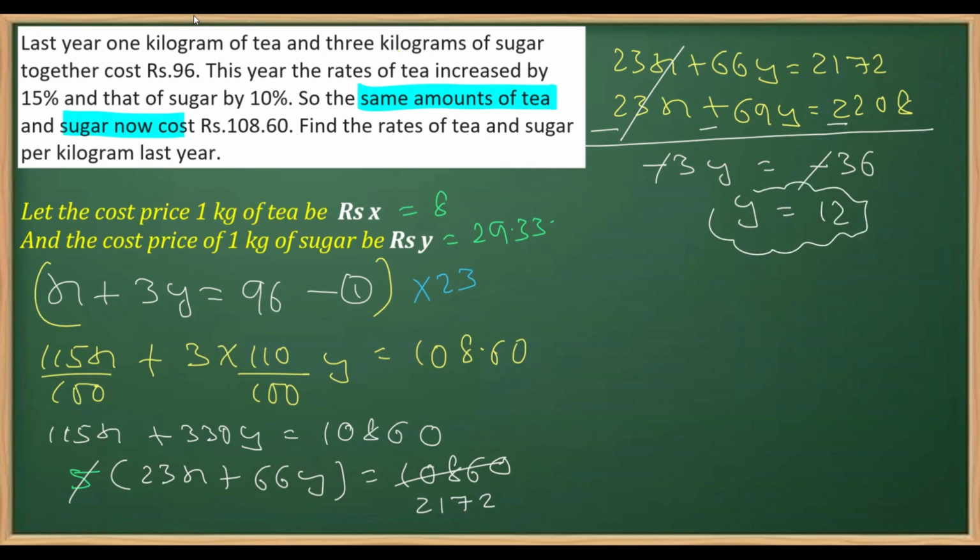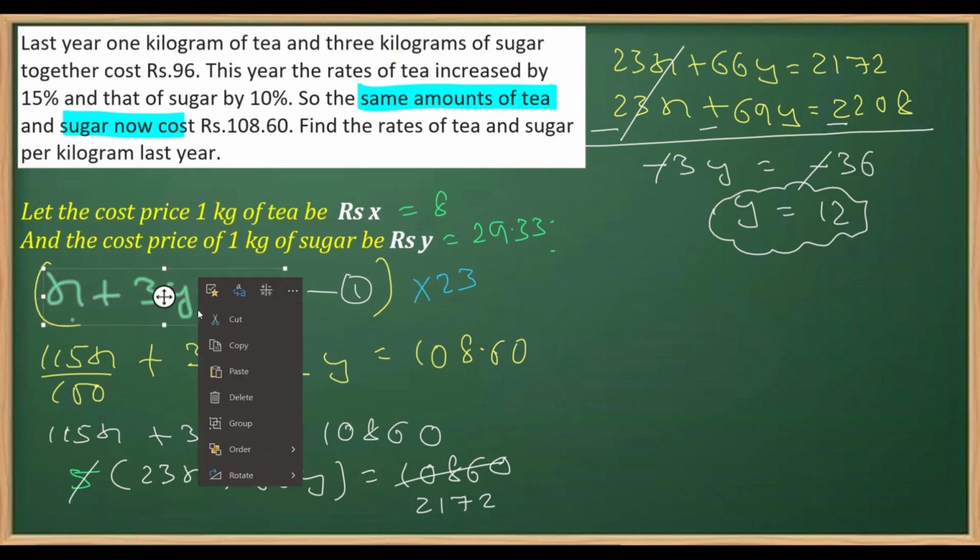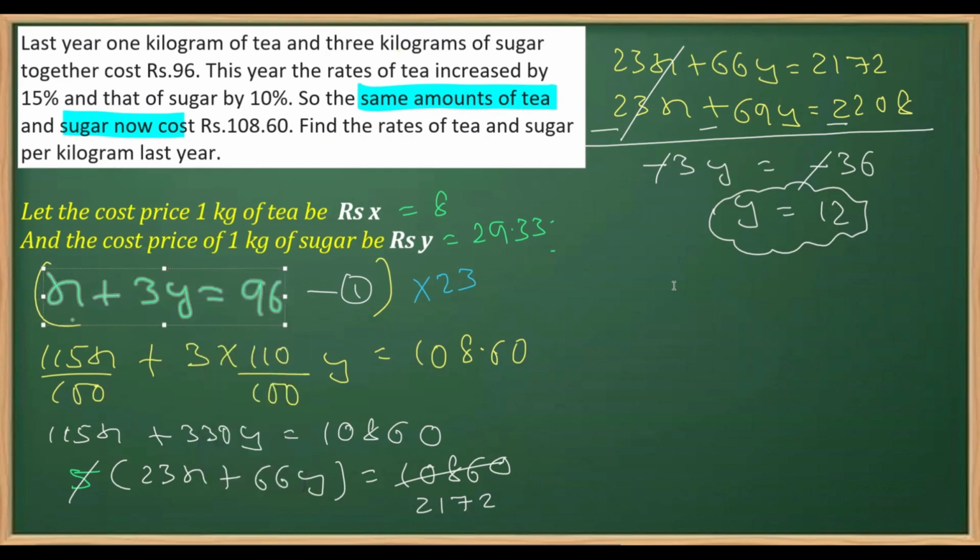Once we obtain the value of y, I'm going to substitute y into this equation. One more time, I'll show you that this is what I've taken. And from here, I'm going to substitute. So I write it over here and substitute the y here.